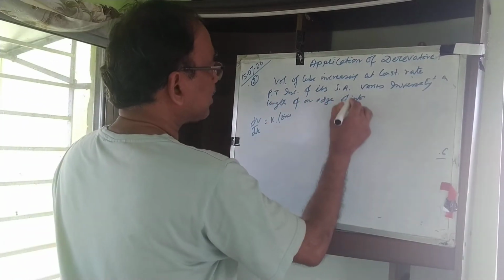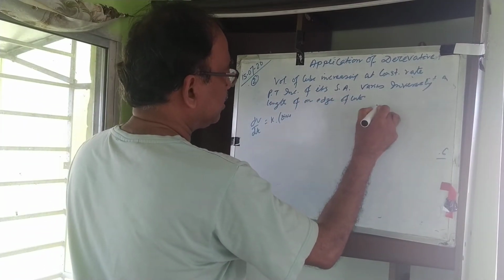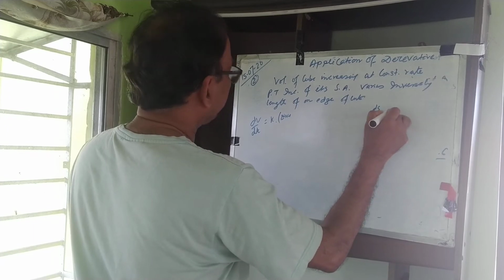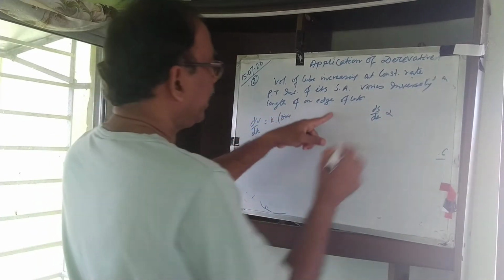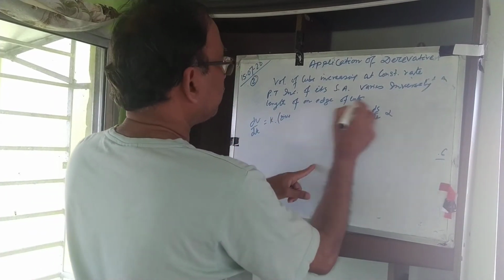You have to find that the surface area, that is dS by dt, varies inversely as the length of the edge of the cube.